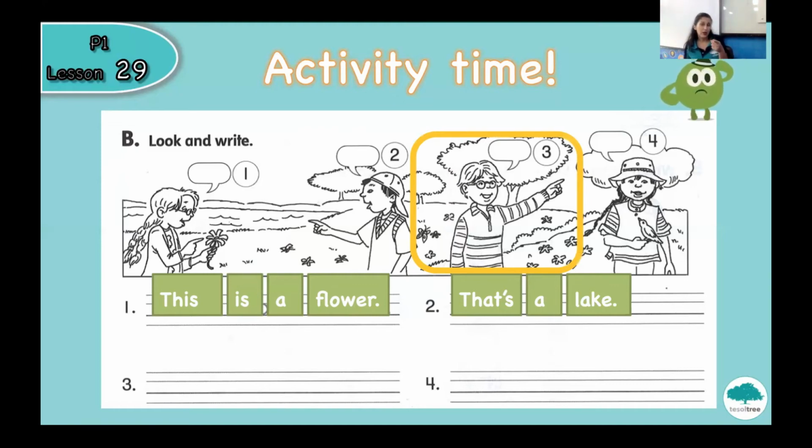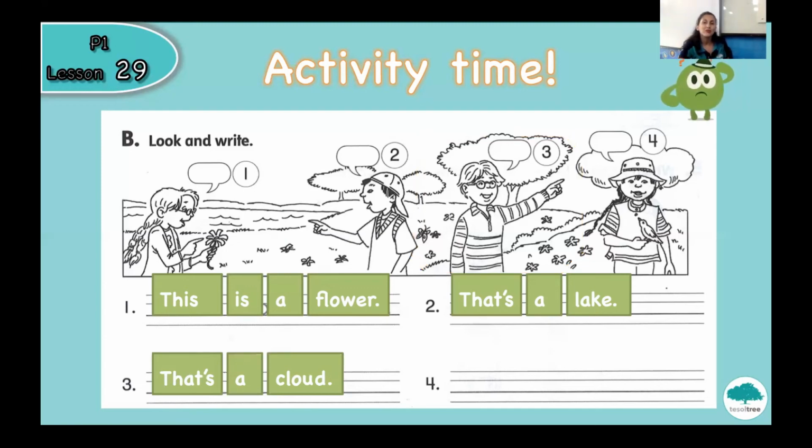But the boy and the cloud are very far away from each other, right? So we have to start our sentence with that's. Yes, correct. And so if the boy points at a cloud, we should continue with a cloud. That's it. Good, P1.